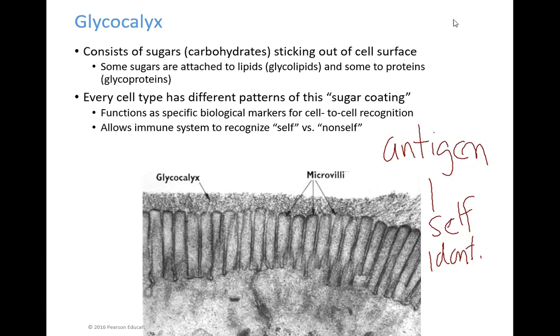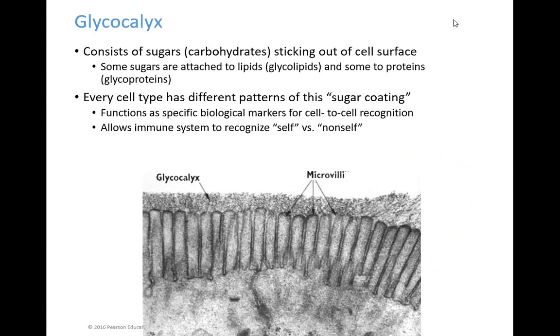Now, normally antibodies are going to attack foreign antigens, but for some reason during an autoimmune response, we recognize our own antigen, our own glycocalyx structure, as a foreign substance, and so we attack it, and that causes all sorts of complications for us.